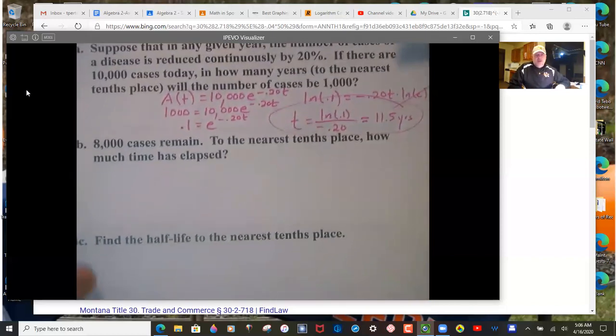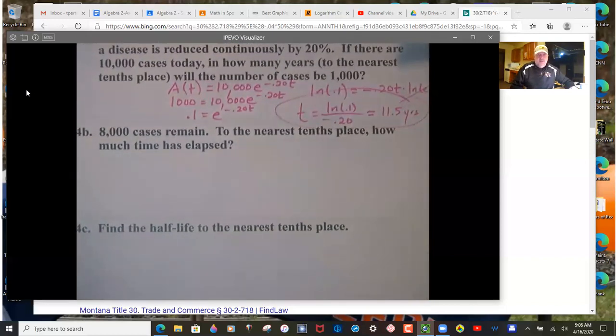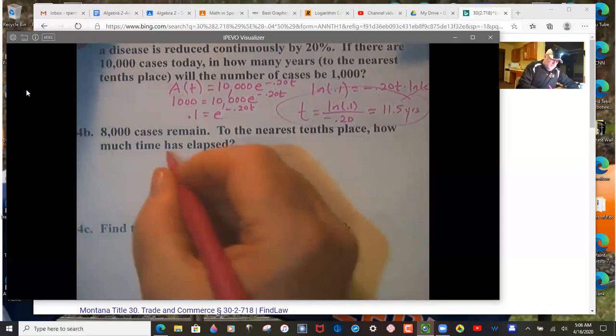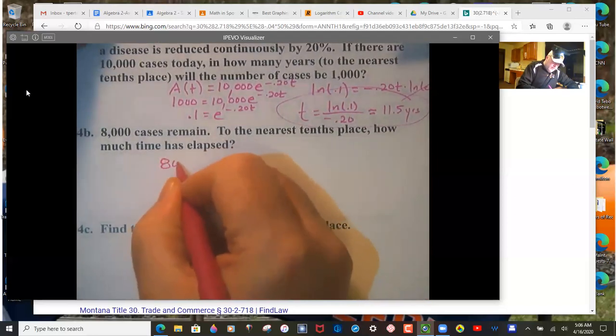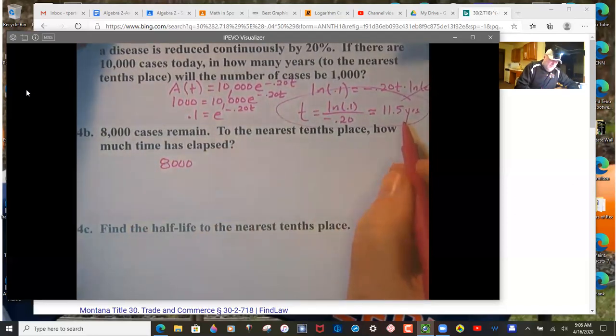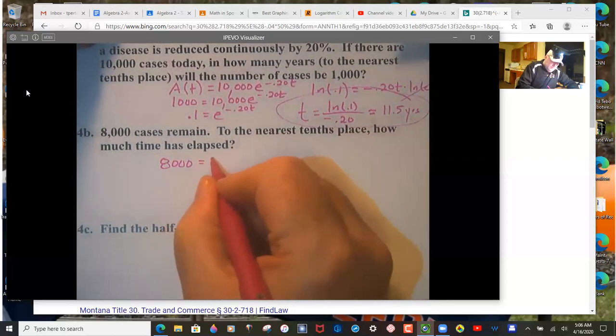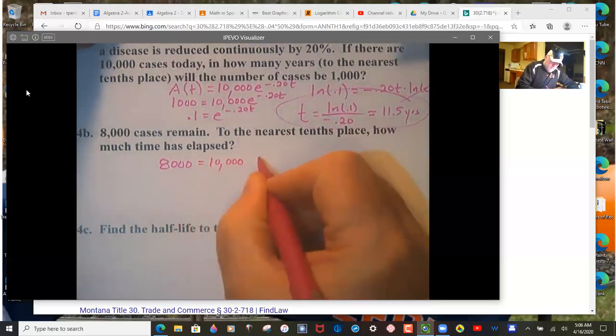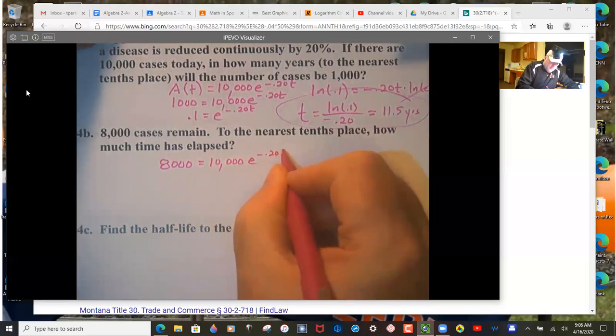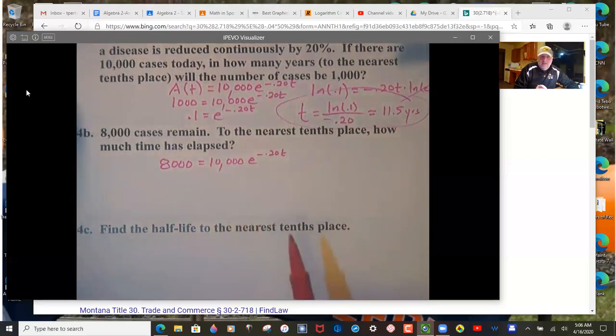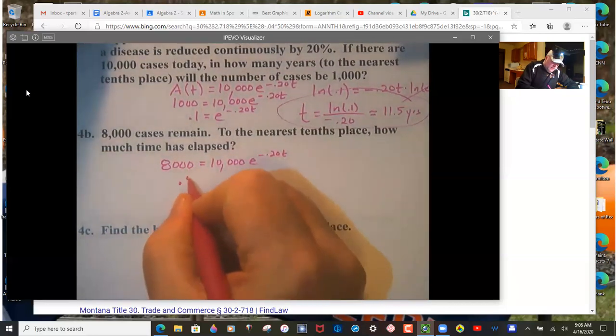8,000 cases remain, to the nearest tenths place, so we're going to solve for time again when this is 8,000. e to the negative 0.20t. I'm wondering if there's some pattern that we could use. Probably not. 0.8.